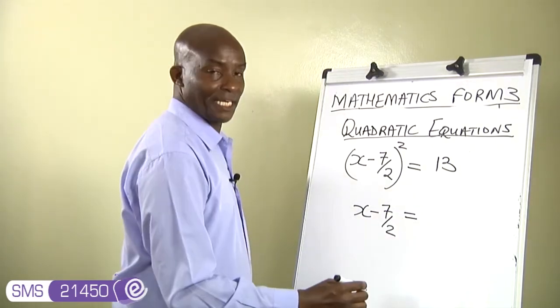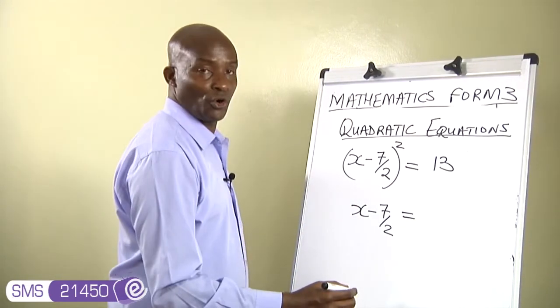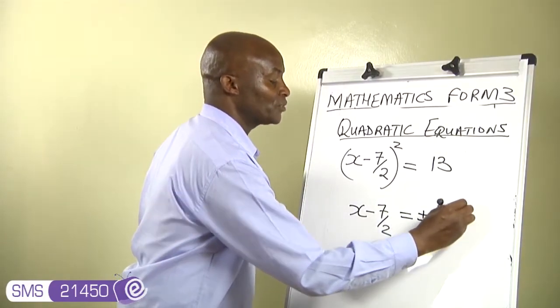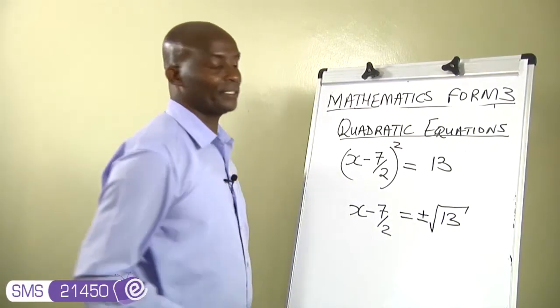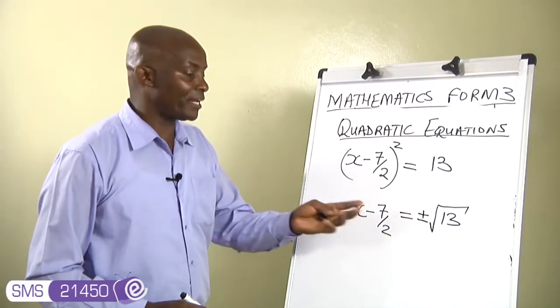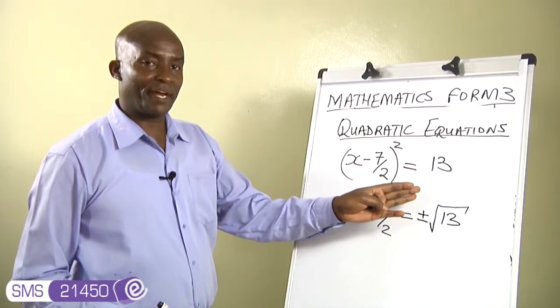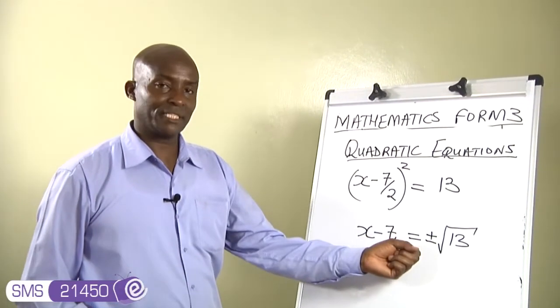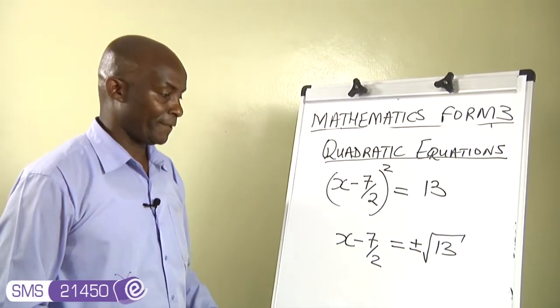And on the right-hand side, you take the square root of 13, which is plus or minus square root of 13. Now remember we said whenever you take a square root of a number, it has both negative and positive. That's why we say plus or minus.